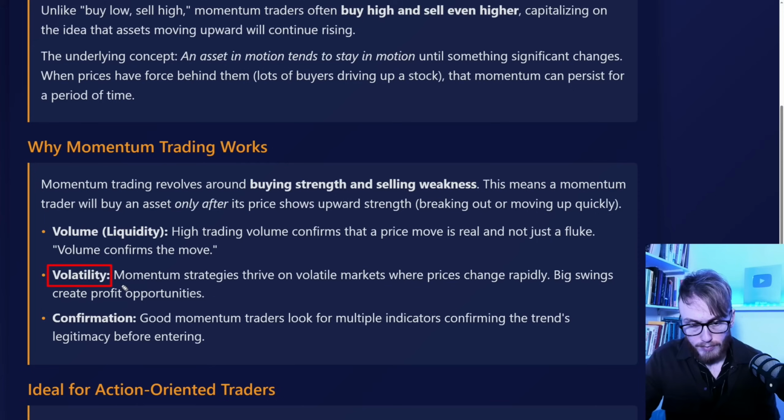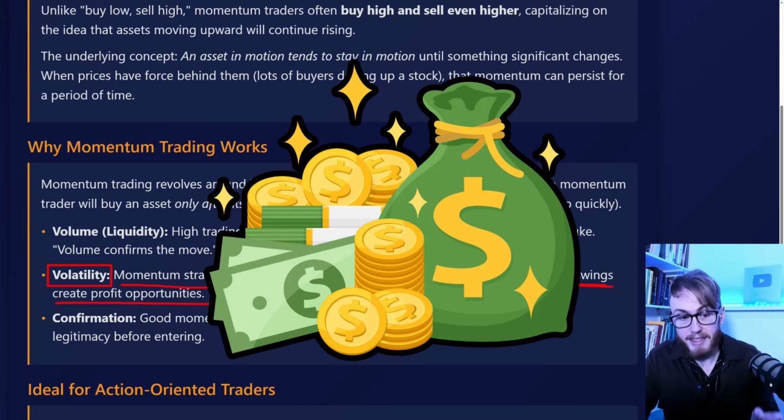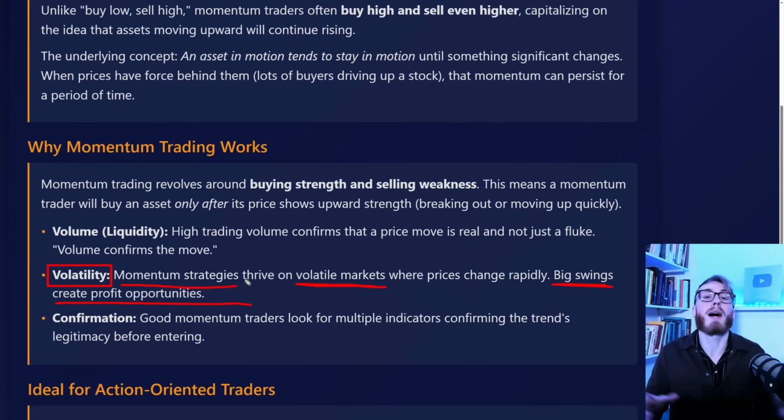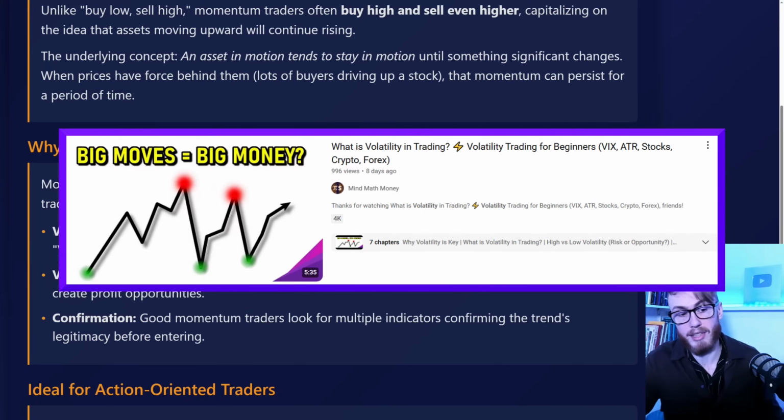Momentum strategies thrive on volatile markets where prices change rapidly, because these big volatility swings create profit opportunities. And once again, if you want to learn more about volatility, I do have a video about that. I highly recommend checking it out when you've got time.